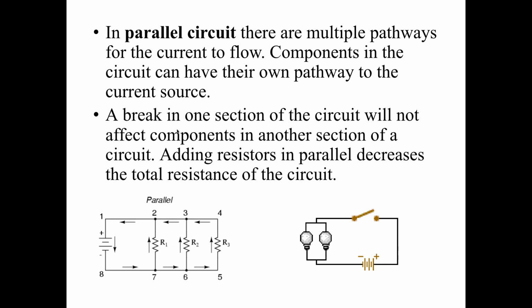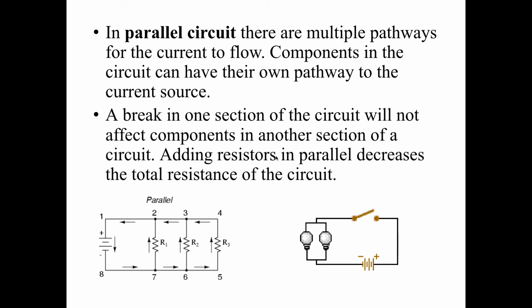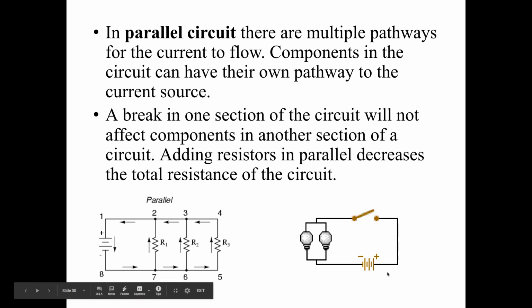Okay, so if we have a break in a section, so for example, there's a break right here where this resistor is, then that's not going to affect this second circuit, and it's not going to affect this third circuit. Okay, so adding resistors in parallel will decrease the total resistance of the circuit as well, right? So we can have current going through just this one load here, or we can have current going through this load right here, okay?